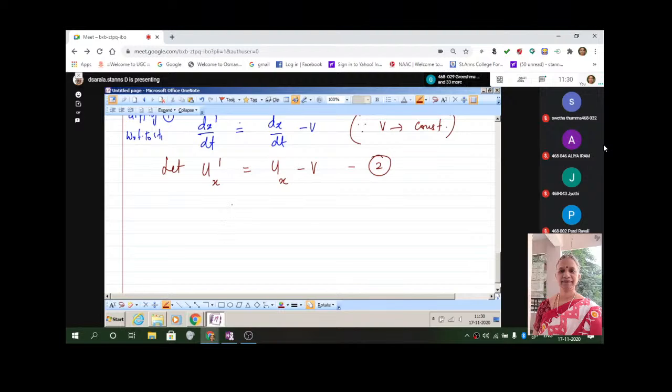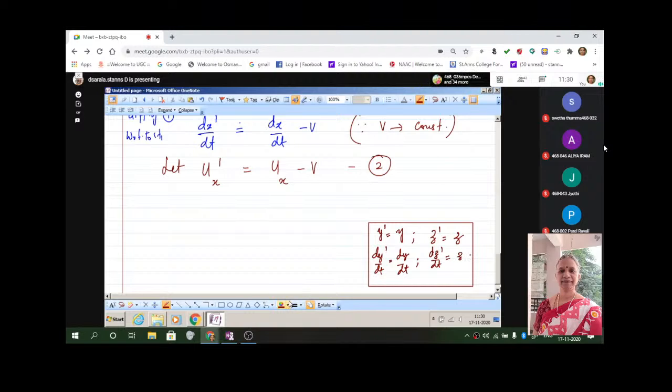And what will be dy by dt? The next equations are, since y dashed was equal to y and z dashed was equal to z, that means dy dash by dt is equal to dy by dt, and hence dz dash by dt is equal to dz by dt.